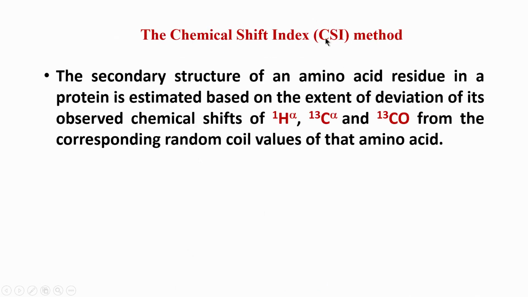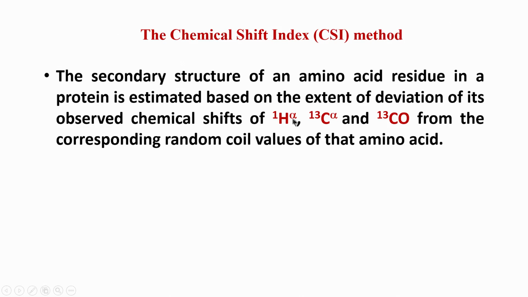What does it do? The secondary structure of an amino acid residue in a protein is estimated based on the extent of its deviation. This is a key word here: how much the chemical shift of an amino acid deviates from the random coil values.